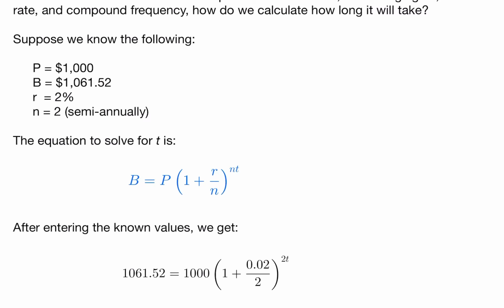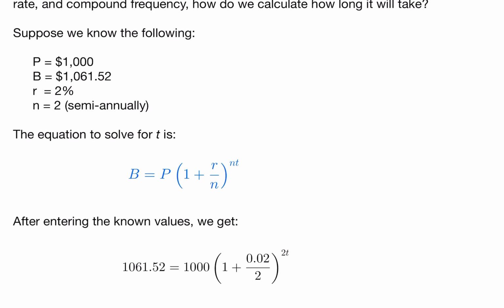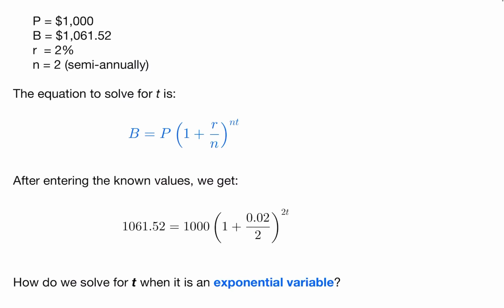For this particular problem, if we put in all the known values, our ending balance is $1,061.52. Our starting amount is 1,000. Our rate is 2%, so we express that as a decimal, 0.02. The compounding frequency is semi-annually, so that's 2. And this is raised to the nt power. Now we're going to go ahead and solve for t.